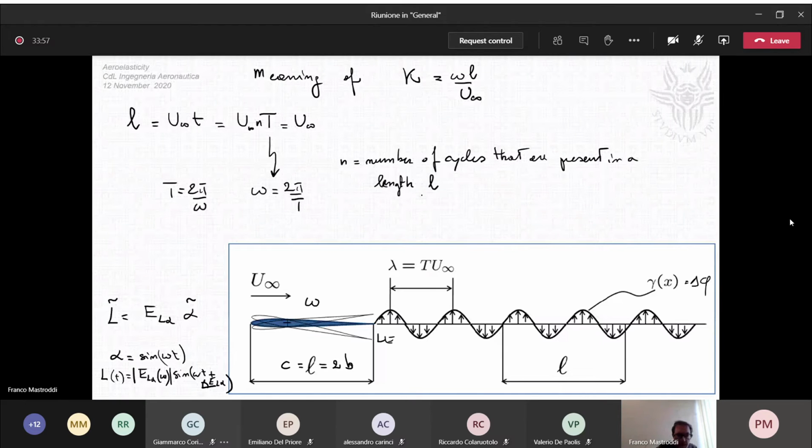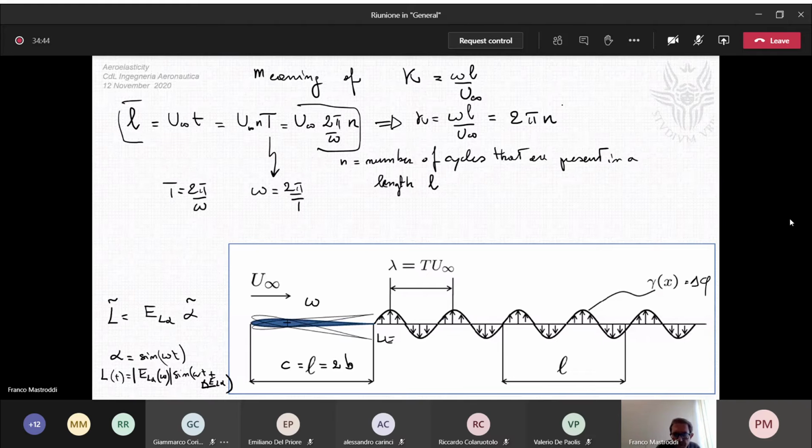Okay, so this T is equal to 2 pi by omega, which is capital T, by N. And therefore, comparing this with this, we have that kappa, which is omega L by u infinite, is equal to 2 pi N. This is the meaning of kappa.